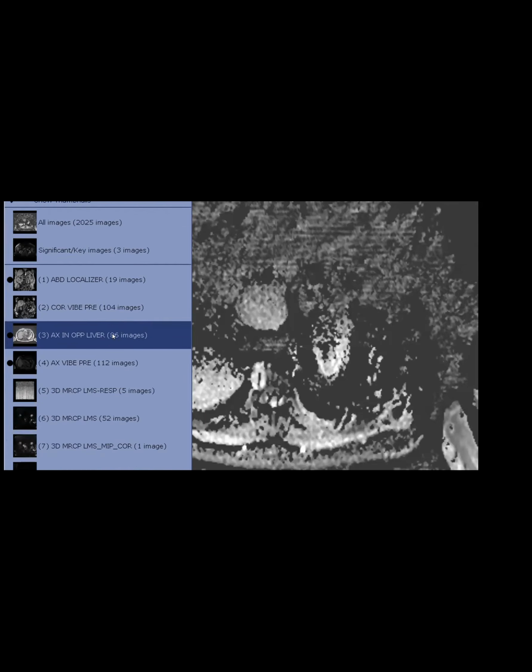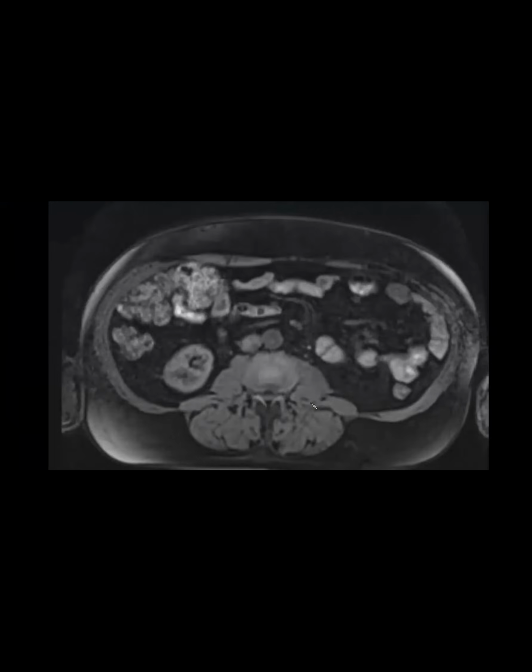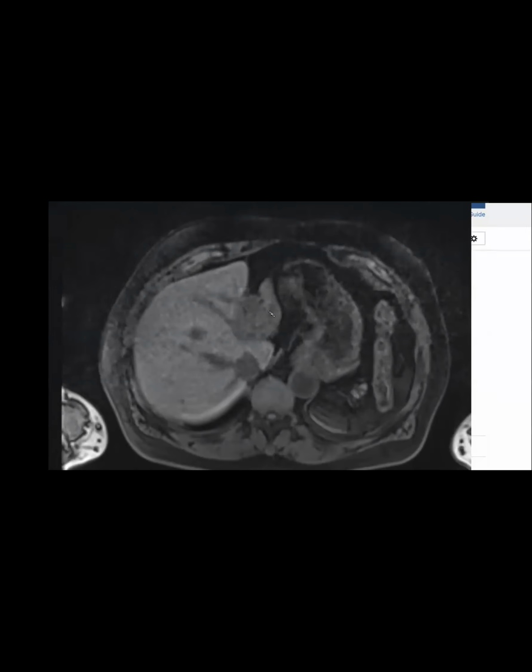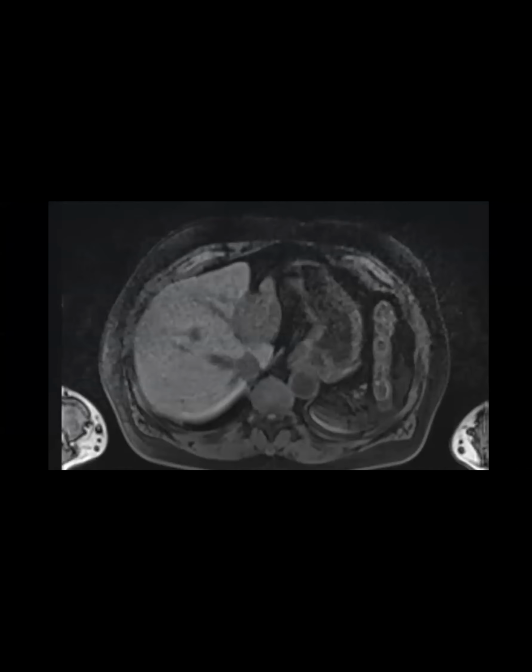The ADC is kind of intermediate, very bad diffusion. Don't worry about that. Pre-contrast, dark.